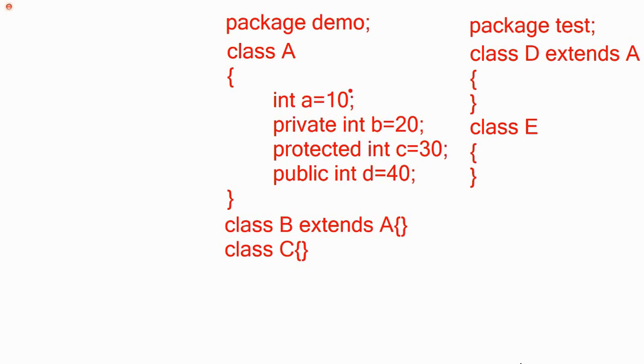But between A and C, and between A and E, no relationship. B and D are also different, because B is in the same package, D in another package. C and E are also not the same. C is in the same package, E in another package. So like that, 5 different classes I have written.